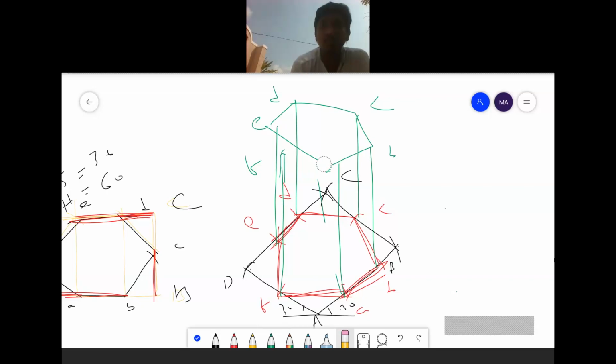Again, this one is F, A, B, C, D, E, F. Understand? A, B, C, D, E, F. I will form a hexagon.